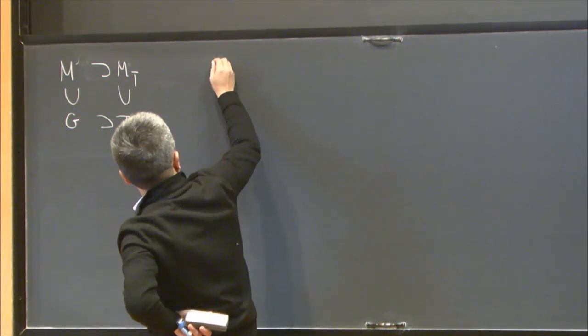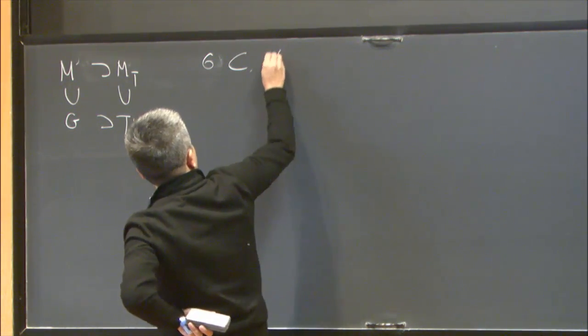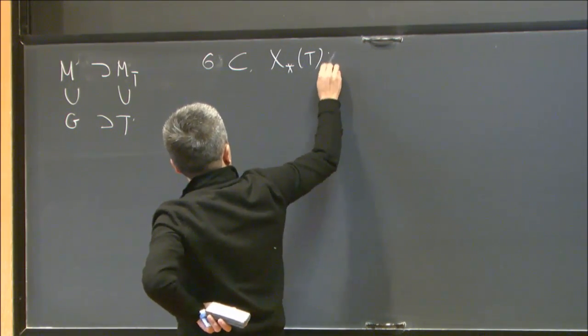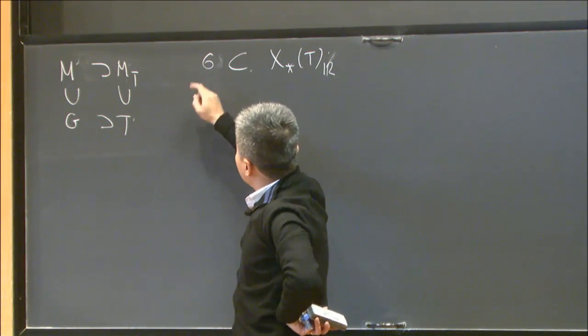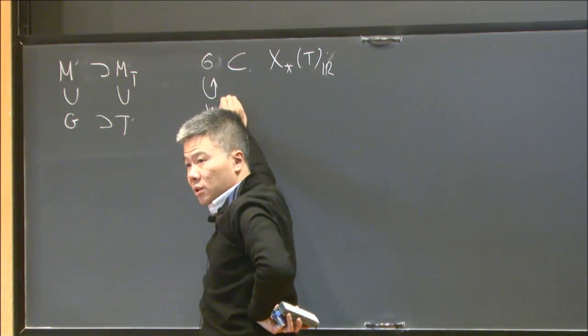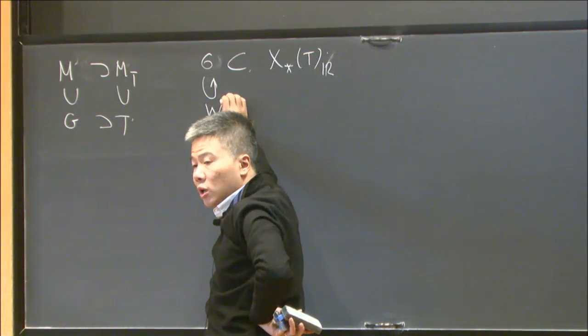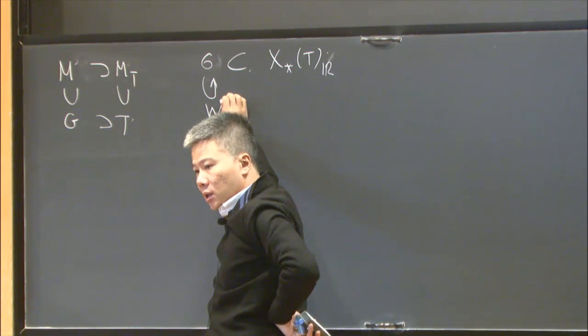So some cone sigma inside the space of characters, and this cone has to be invariant under the action of W, right? And not just one cone, because it's a fan.